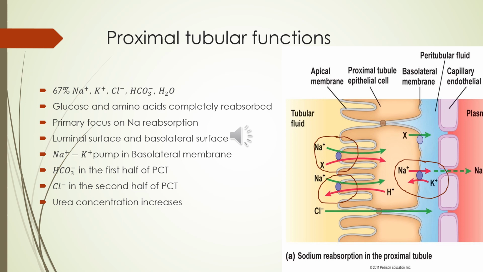And about 67% of the filtered sodium ions, potassium ions, chloride ions, bicarbonate ions, and water are reabsorbed from the proximal tubule. So this proximal tubule has a very important role in reabsorption, and its primary focus is on sodium reabsorption.